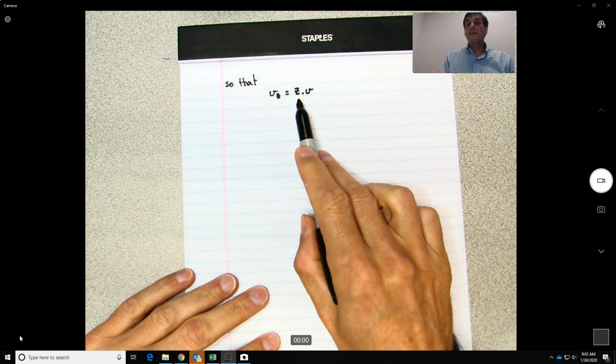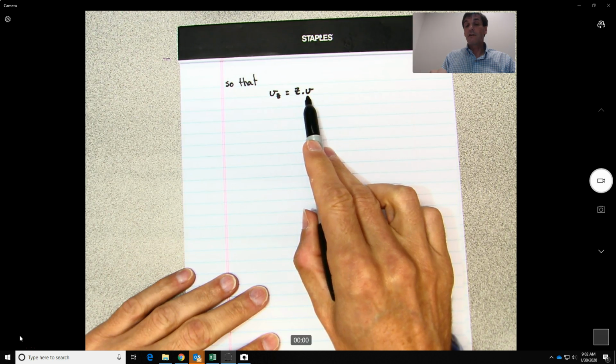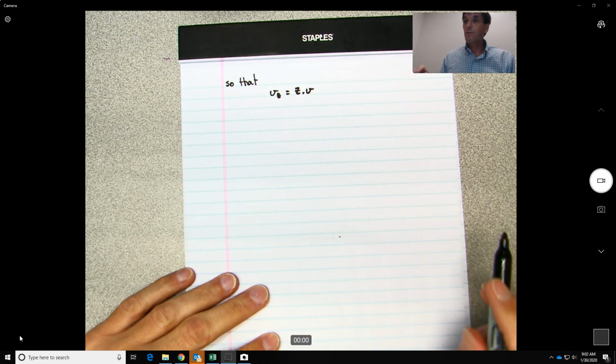Remember, Z indicates how much the fluid deviates from ideal gas behavior. So this is the ideal gas behavior, and this will be the one with the compressibility factor.